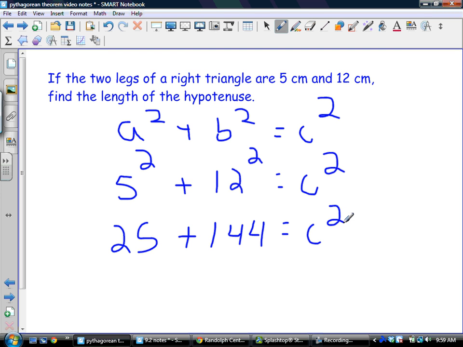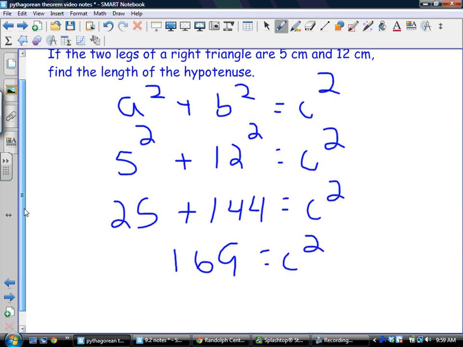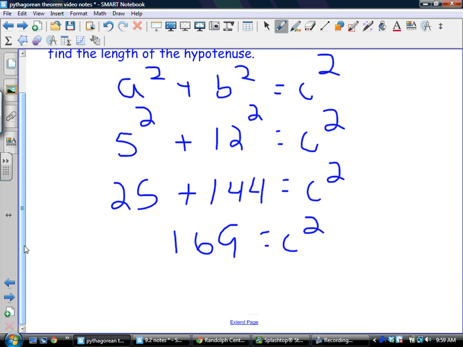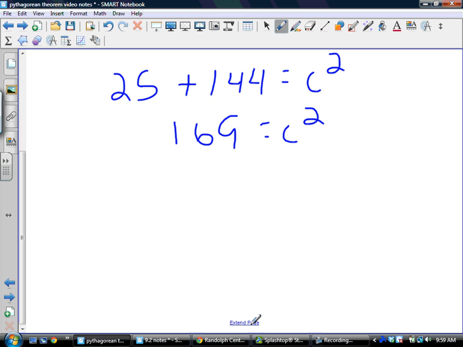And 25 plus 144 will give me 169, and that's what c squared is. So, as we were talking about the other day when we did square roots, if I want to know what just c is, this is an equation to solve. I do the opposite.